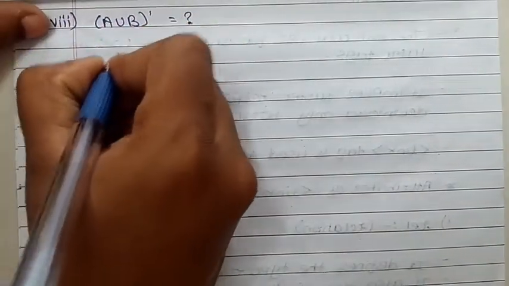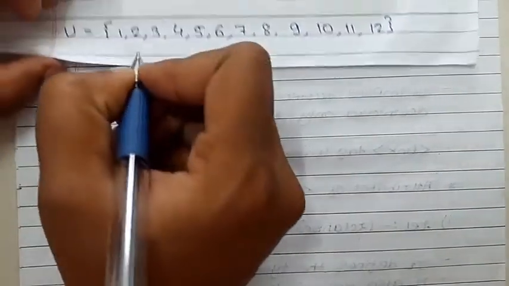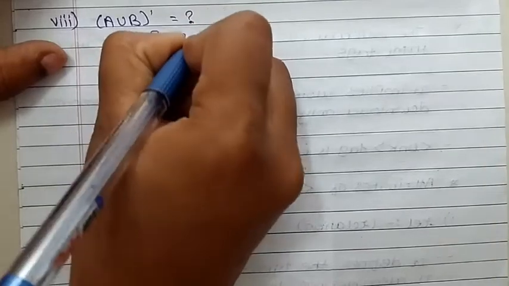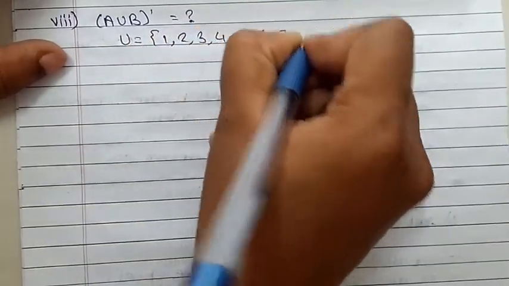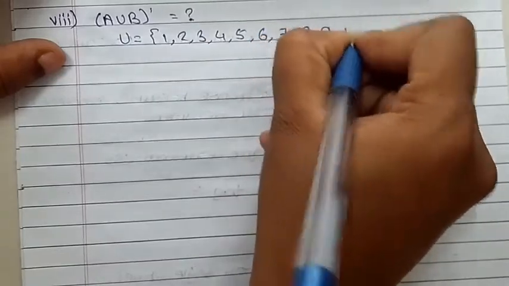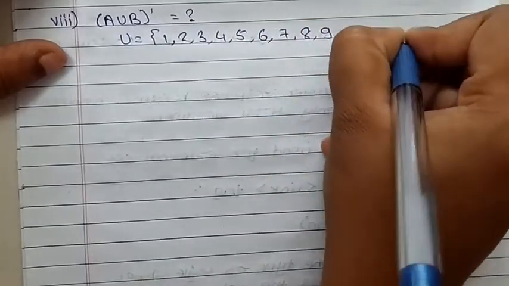So when we calculate the complement of this one, first of all write down the universal set. What is the universal set here? U is equal to 1 to 12. Write it down as it is: 1, 2, 3, 4, 5, 6, 7, 8, 9, 10, 11, 12.